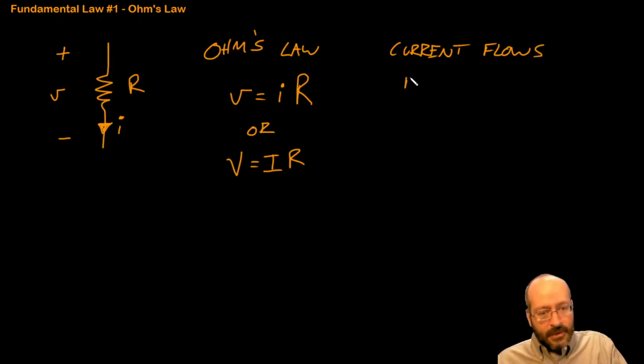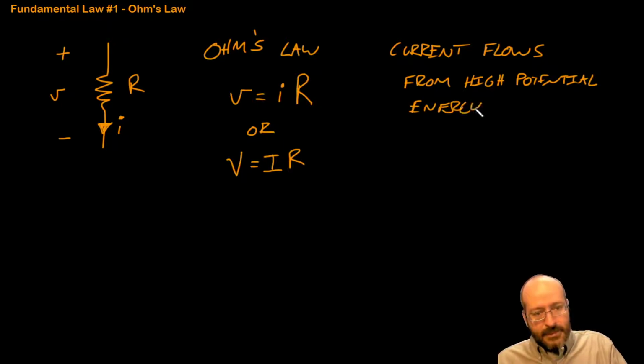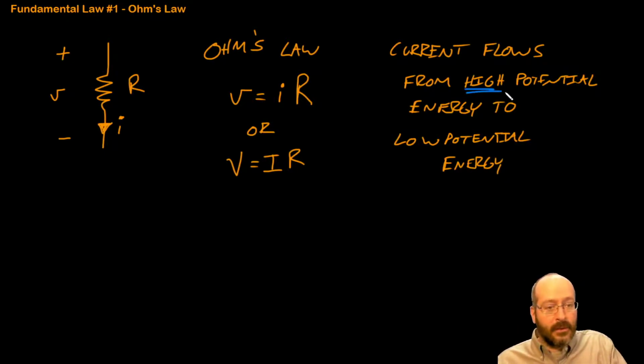Current flows from high potential energy to low potential energy. So it's going from high to low, so from the top to the bottom, and that's how I get that arrow direction.